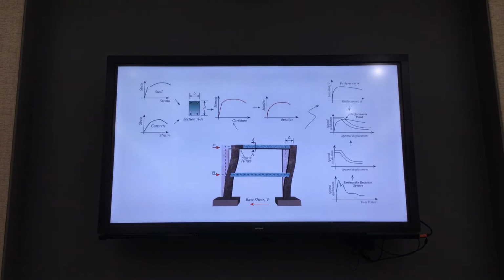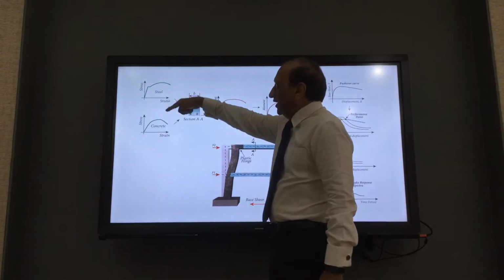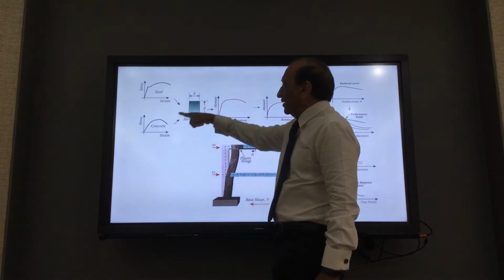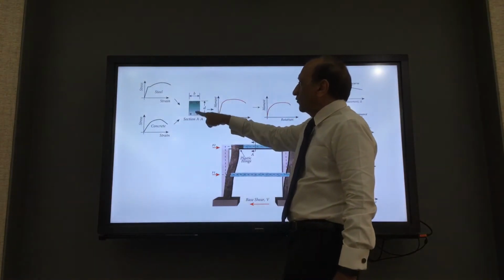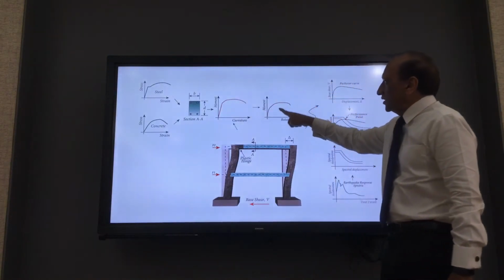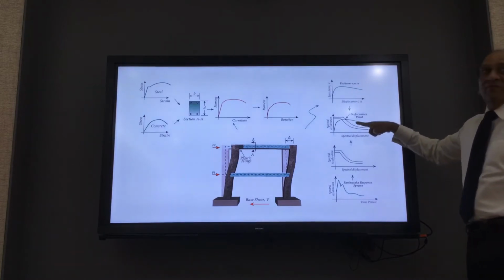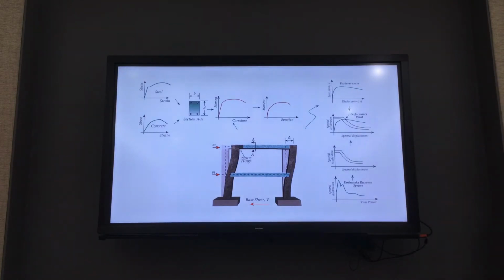Yes, we increase the reinforcement or confinement or something, so the moment curvature curve is modified and you get better. Any change you make on steel or reinforcement material or cross-section or amount of cross-section will change the moment curvature curve, which will change the moment rotation curve, which will change the pushover curve, which will affect the performance point. So there is a direct relationship between performance and your design.